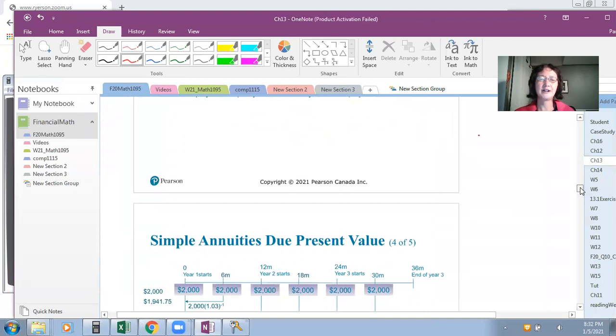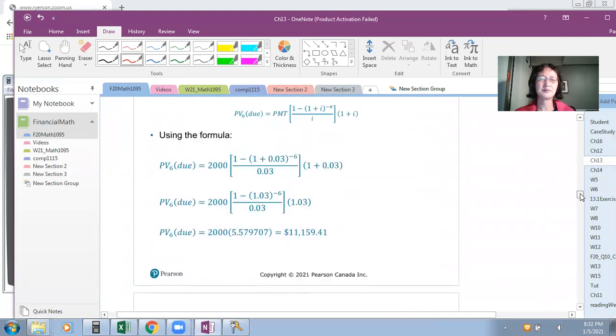So lastly, we want to use the formula. The formula is here. PMT is 2000. I is the periodic interest rate. I equals 6% divided by 2, so it is 3%, 0.03, that is I. N is term N, 6.